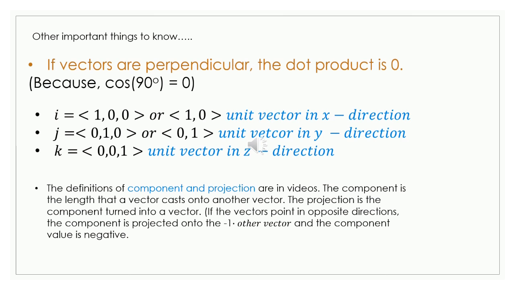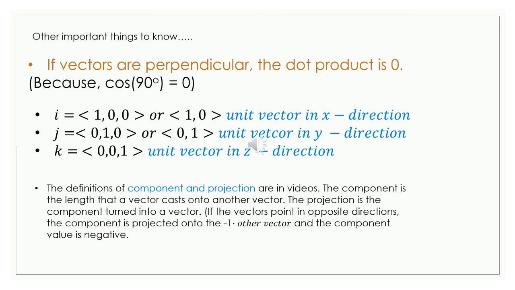We also need to cover the definitions of component and projection, but there is another video that goes over those definitions. In general, though, the component of a vector is the length that a vector casts onto another vector. So picture 2 vectors, and one, if there was a light source right above it, would project a shadow onto the other vector.